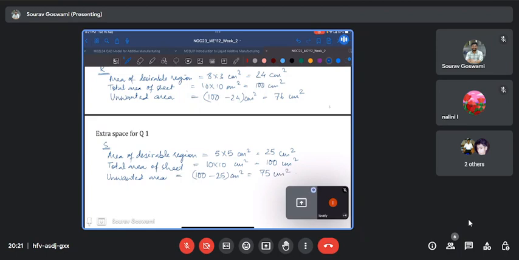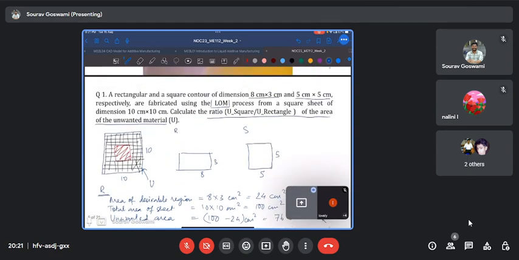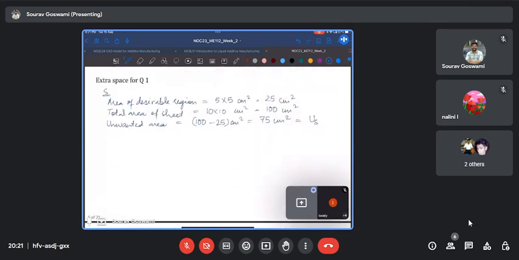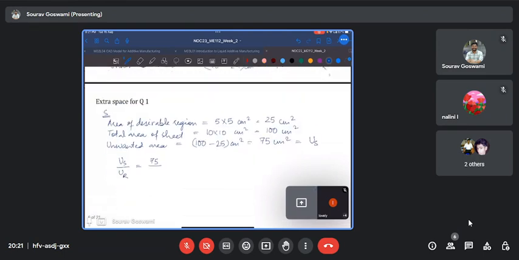And if I were to denote this by unwanted area with a subscript square and this by unwanted area with a subscript rectangle, I need U square by U rectangle. So that is 75 by 76. This is very close to one.